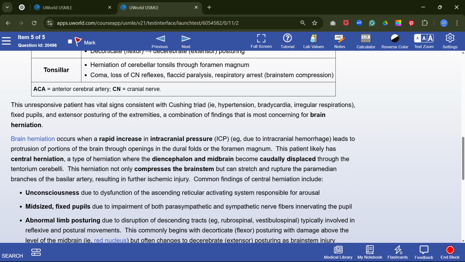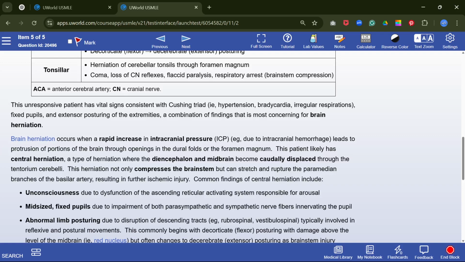So this patient likely has central herniation, where the diencephalon and the midbrain become caudally displaced through the tentorium cerebelli. The herniation not only compresses the brainstem, but can stretch and rupture the paramedian branches of the basilar artery, resulting in further ischemic injury.